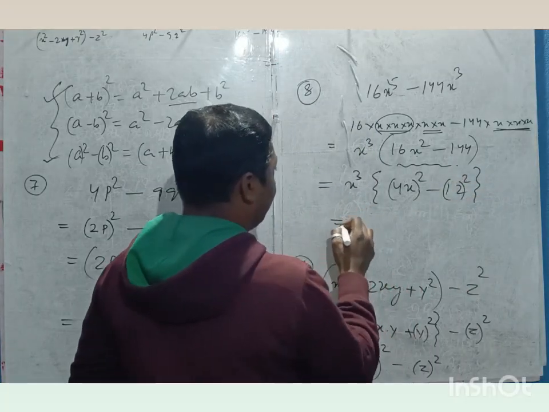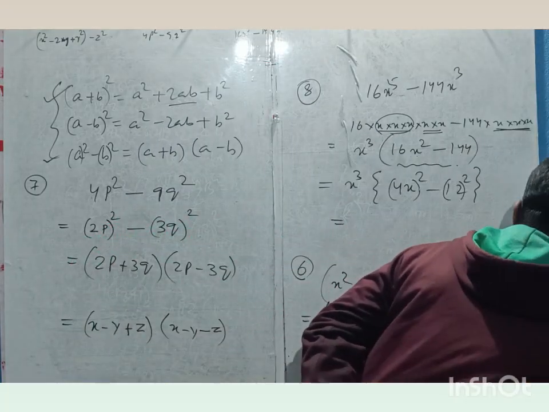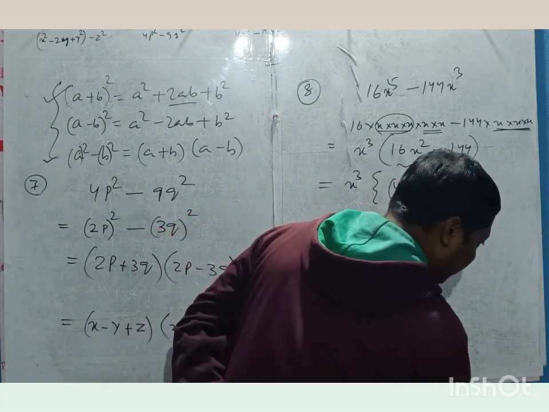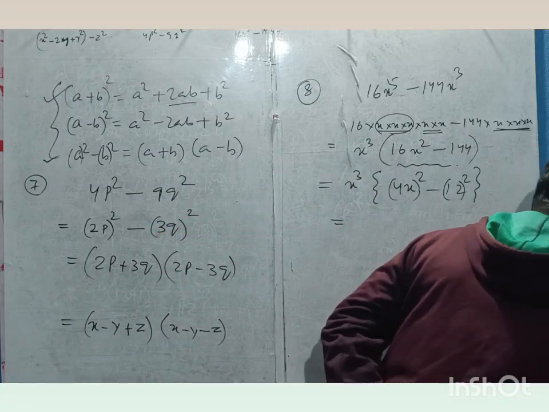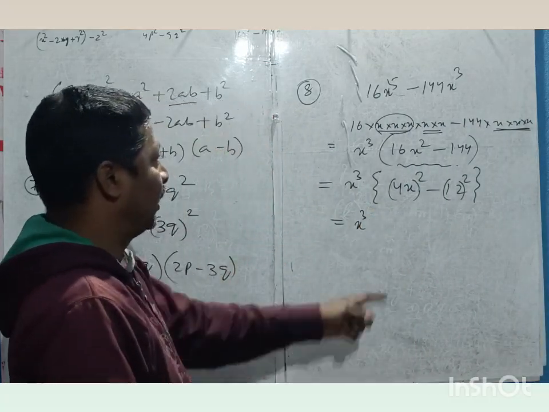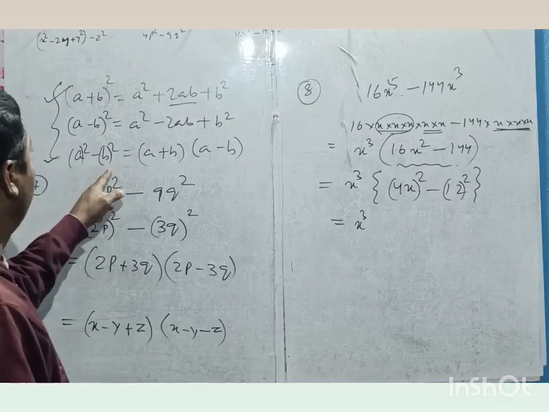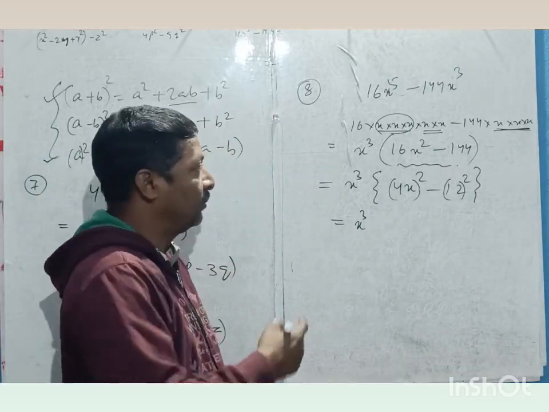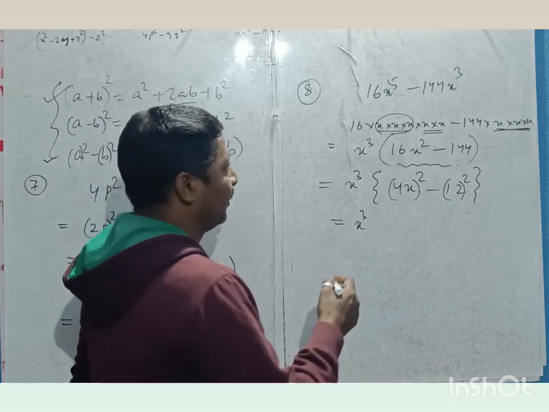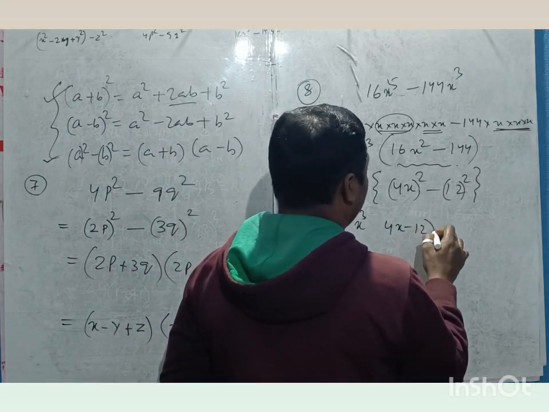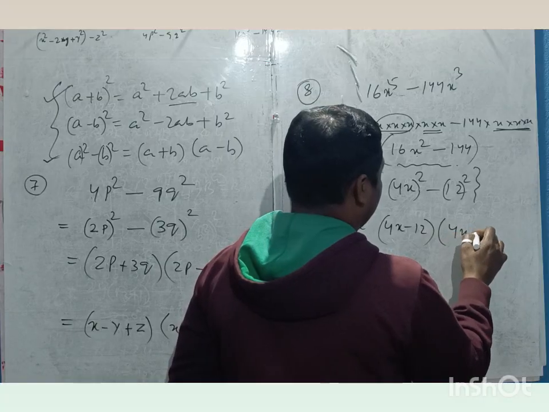Okay. Now proceed. We can't do anything to x^3, so let it be x^3 only. I can write a^2 minus b^2 in this form. a is 4x, and b is 12. So 4x minus 12 into 4x plus 12.